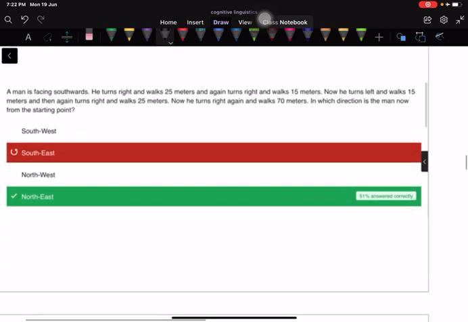Now, a man is facing southwards. He turns right and walks 25 meters. He is facing southwards, turns right. If he is facing southwards, then his right hand is here.